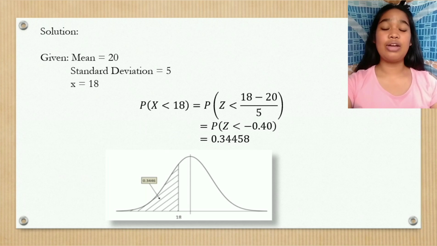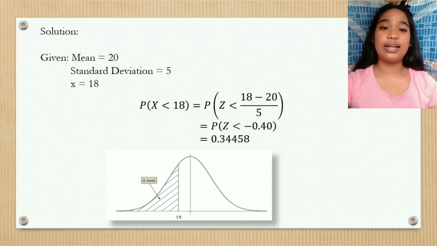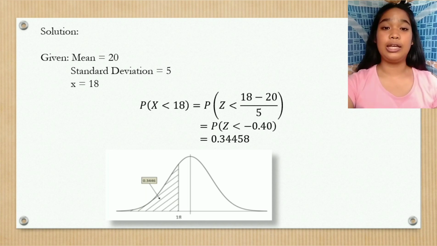First, we will find the value of z using the formula z equals x minus mean divided by standard deviation. Then, the probability of x less than 18 equals the probability of z less than (18 minus 20) divided by 5, which equals the probability of z less than negative 0.40.